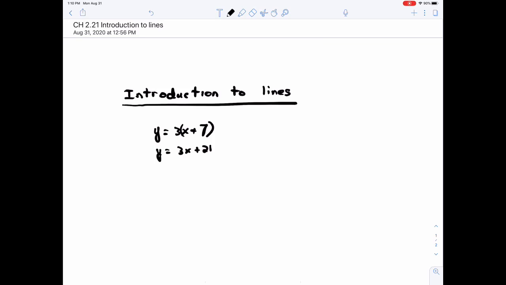Someday I'll tell you the full-blown definition of what a linear equation really is, but at this point I think it would make things even worse. So anyway, I want to make sure you know what it is we're talking about. We're talking about a linear equation. That's a linear equation.